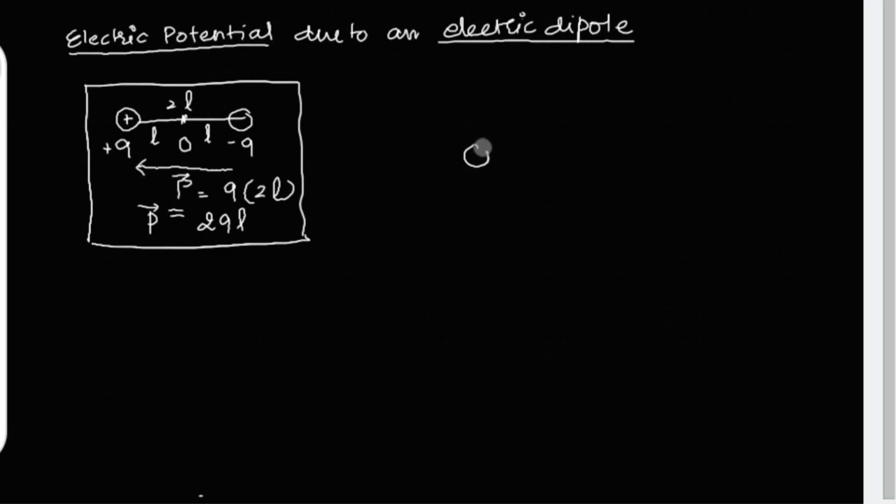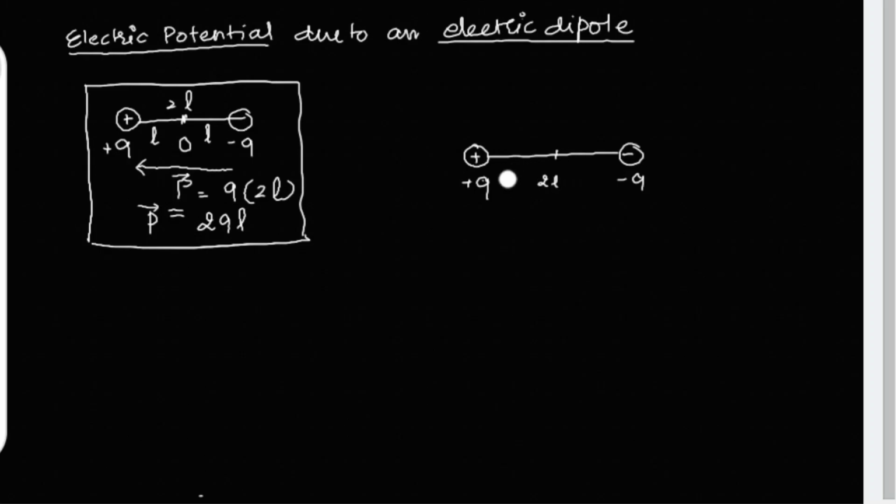Again, the dipole we are considering. This is the dipole where plus q and minus q, two charges, are taken and they are separated by some distance 2L.